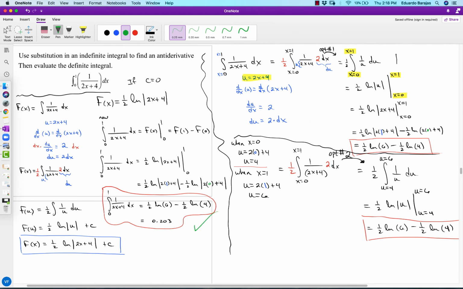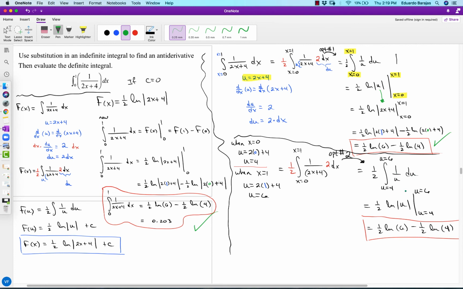The second way of doing it is to kind of blend it a little bit: do the u substitution, keep your limits of integration in the original variable x, then find the antiderivative, and then resubstitute u back into x, and then you'll get your answer. That's option 1 here, and then separate from that one, the next one is to do a substitution of u, but also substitute the limits. So it's like a complete substitution, a complete transformation into a brand new integral that has no more x's in either the equation, the variable of integration, or even the limits.